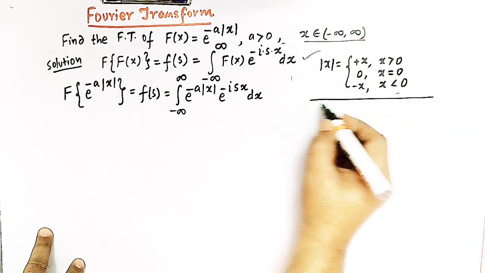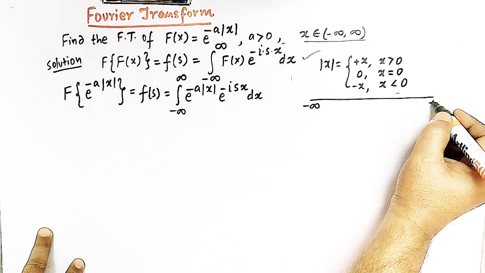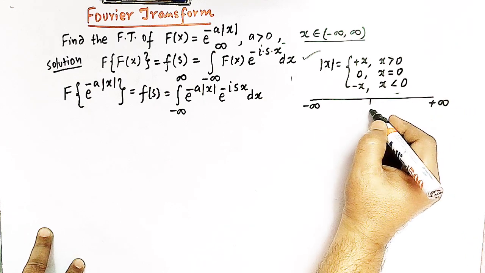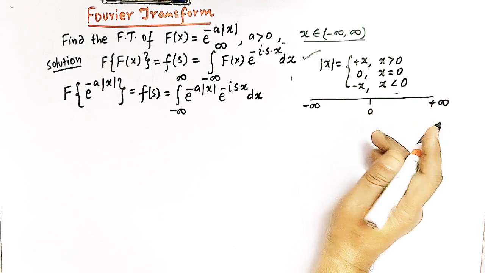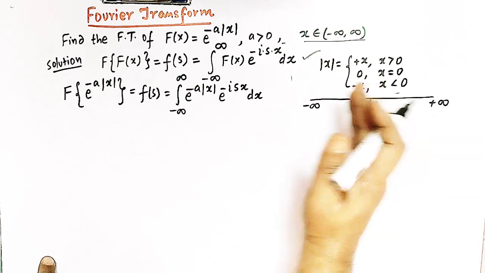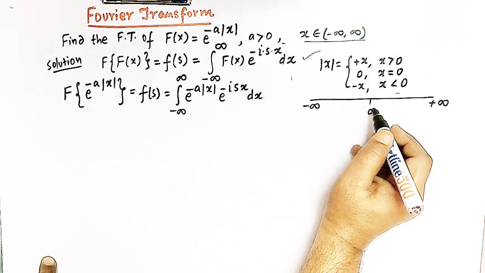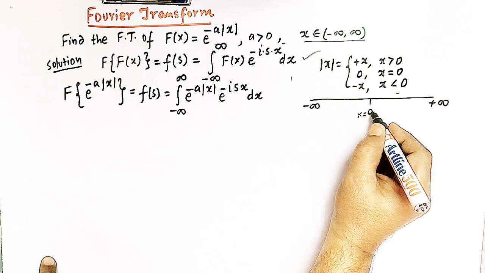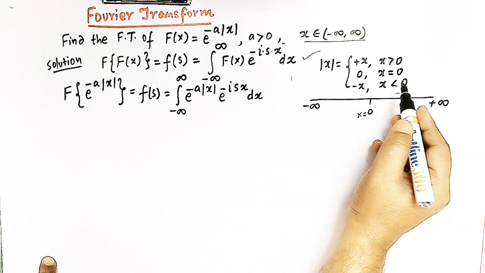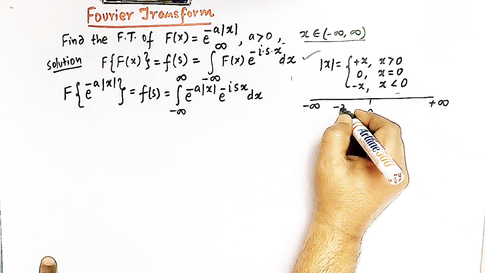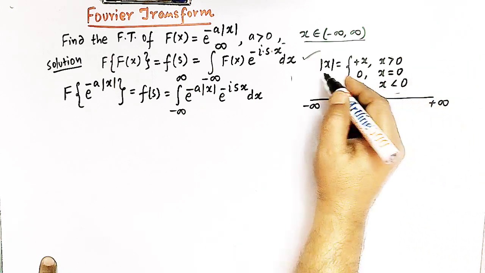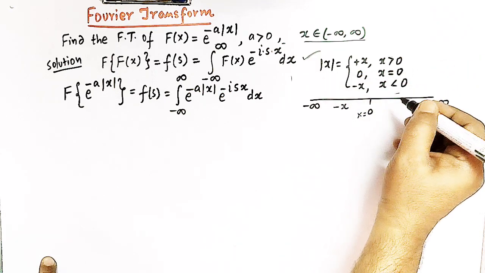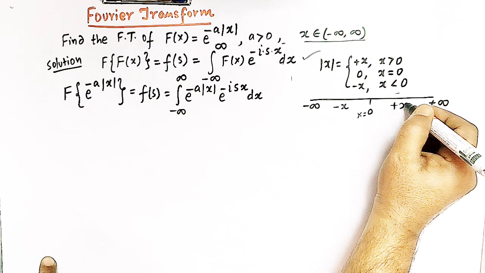So here we have minus infinity, and here we have plus infinity, and here we have 0. Towards the left of x equal to 0, the mod function is defined as minus x, and towards the right of x equal to 0, mod of x is defined as positive x.